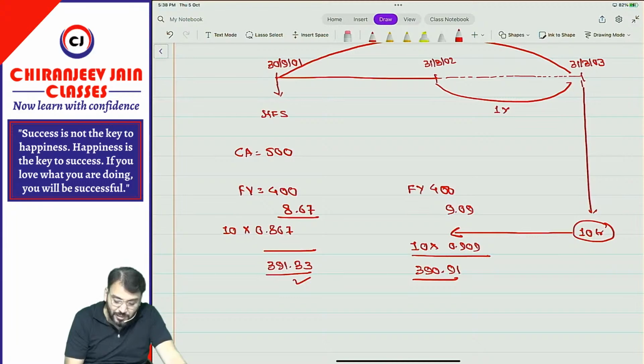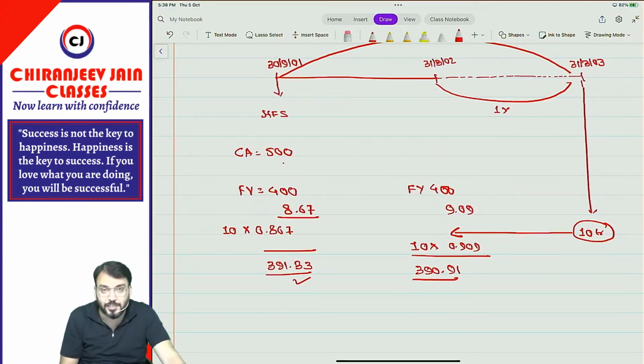And of course, the difference between the carrying amount and fair value less cost to sale will be charged to the profit and loss account as an impairment loss. Subsequently, you can see the fair value is now 390.91, and this is only because of the cost to sale. You can see the cost to sale has increased from 8.67 to 9.09.